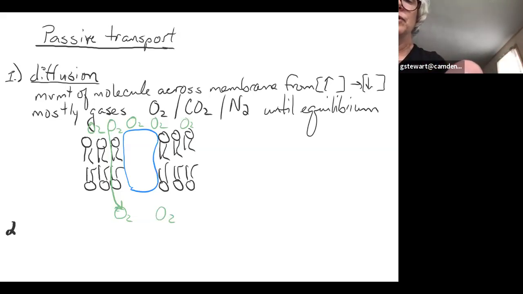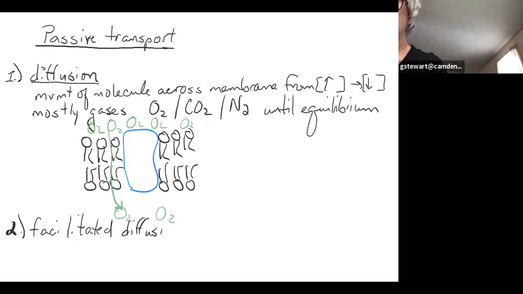Another type of diffusion is what we refer to as facilitated diffusion. And that means diffusion with help. And the facilitator in this case is going to be a protein. It's going to be an integral membrane protein that spans the membrane from one side to another.